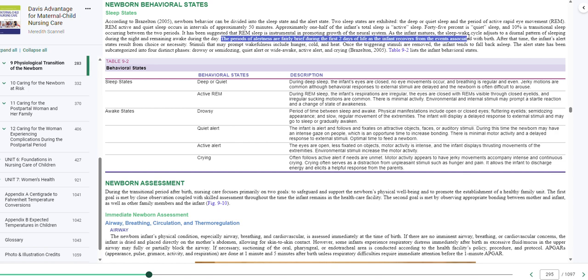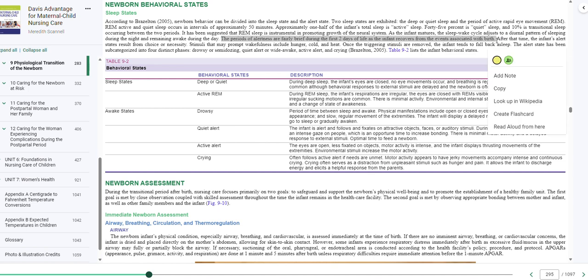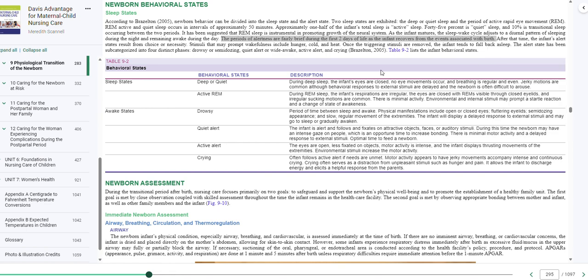This is a wink and a lollipop, okay? So the periods of alertness are fairly brief during the first 2 days of life as the infant recovers from events associated with birth, okay? So they are barely awake those first couple of days. Educate your parents that this is a normal thing for babies, okay?